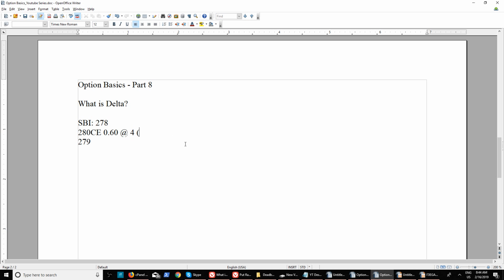I think it's around 3,000 rupees at this point of time. But that's not important right now. For this example here, this delta value is 0.60, and if you have to buy this call option, 3,000 into 4, that is around 12,000 is the total investment required.